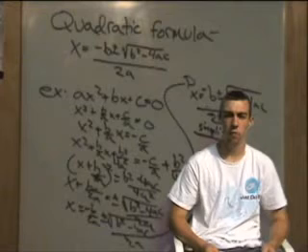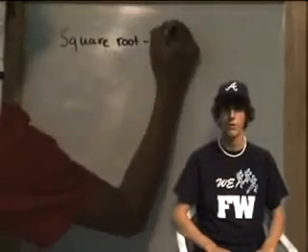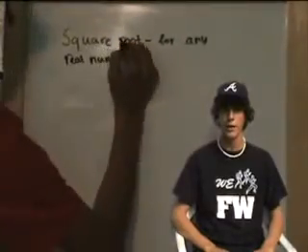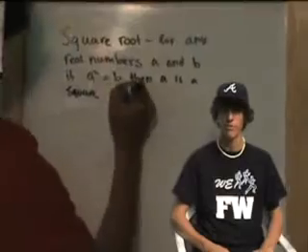Q. Quadratic formula: x equals negative b plus or minus the square root of b squared minus 4ac, over 2a. S. Square root: for any real numbers a and b, if a to the second power equals b, then a is a square root.